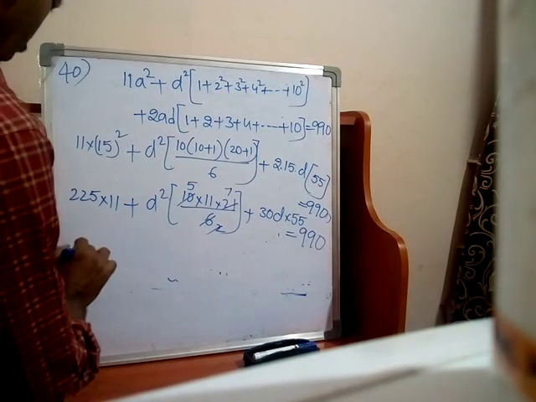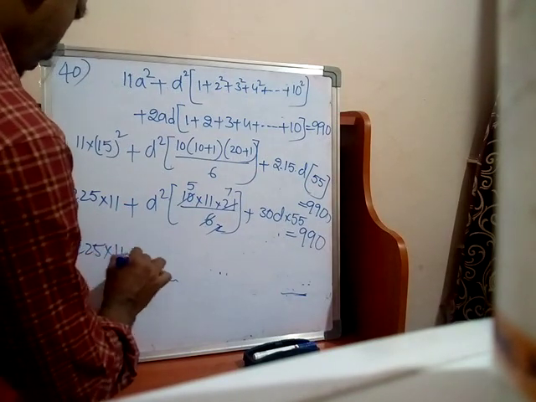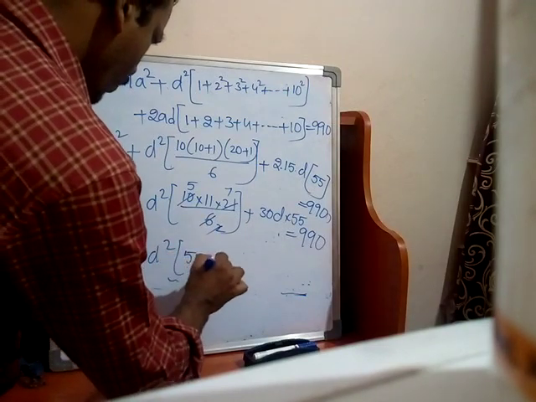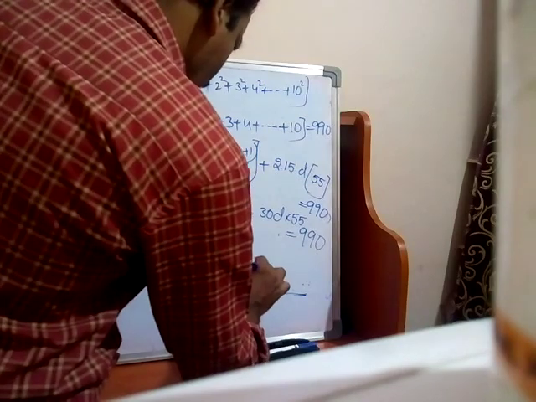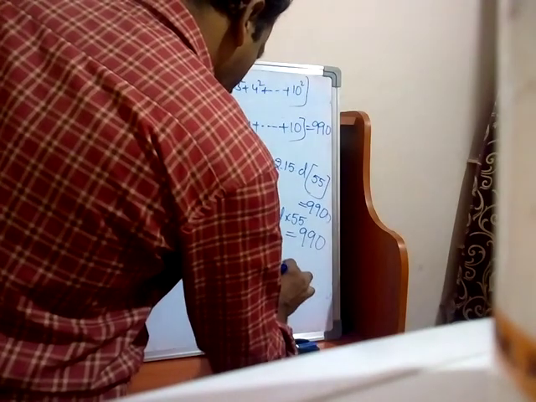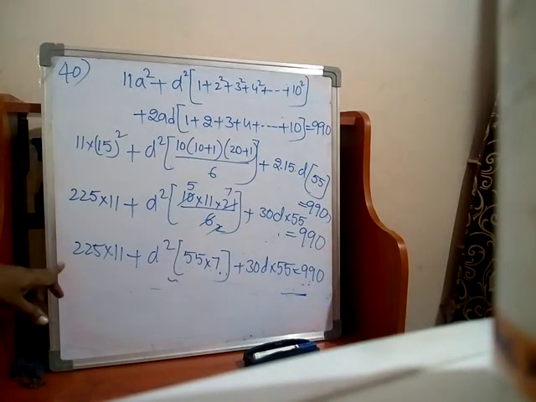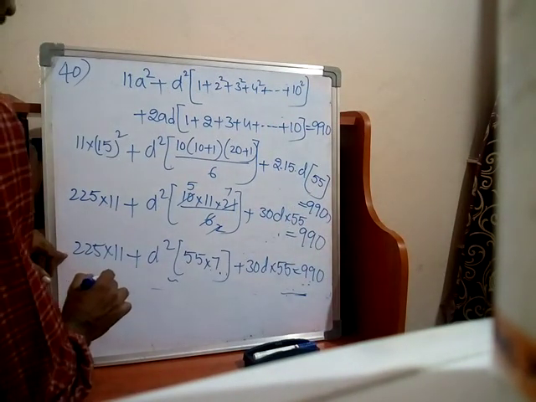So here 225 into 11 plus d square into 55 into 7 plus 30d into 55, that is equal to 990.